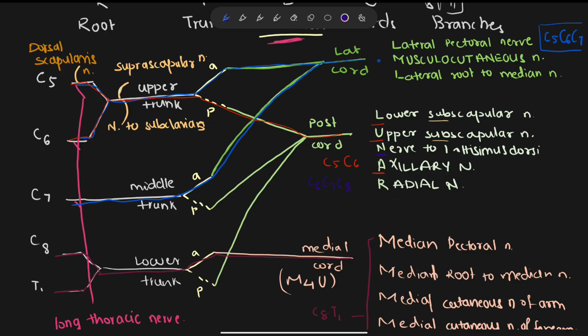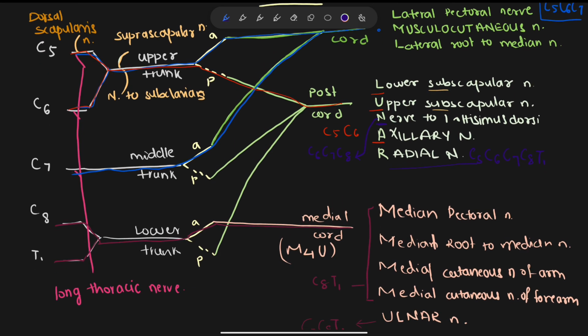Then comes the radial nerve. The radial nerve is the longest nerve in our arm, so it gets supply from all of the roots C5, C6, C7, C8, and T1. The earlier values were for the nerve to latissimus dorsi. Understood? So this is our brachial plexus and its root values.